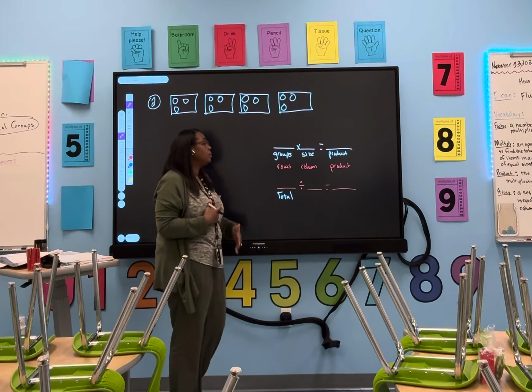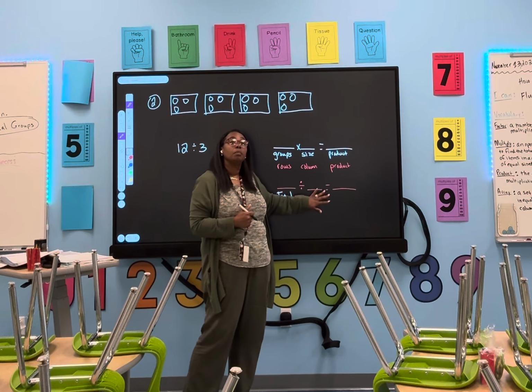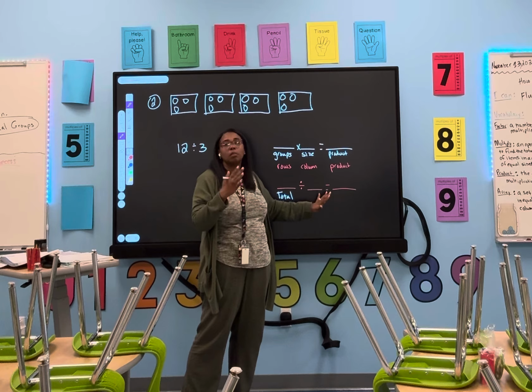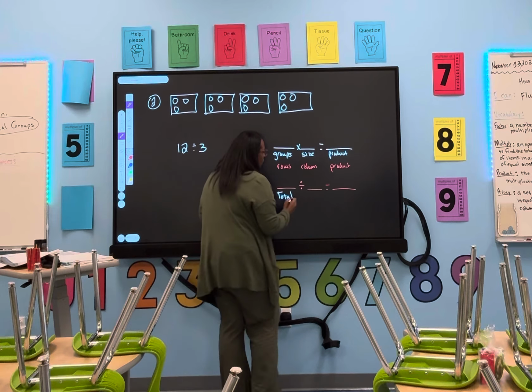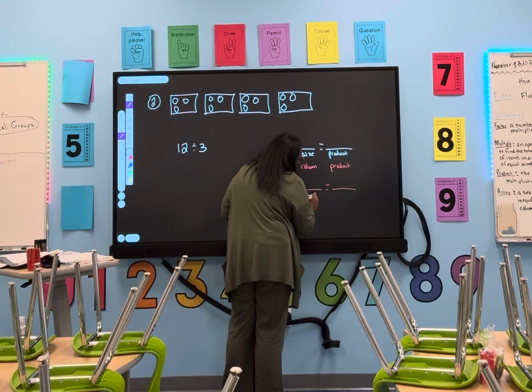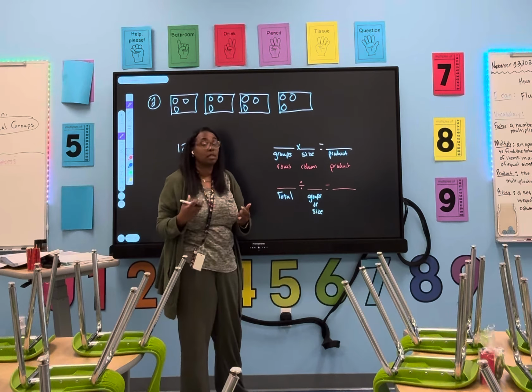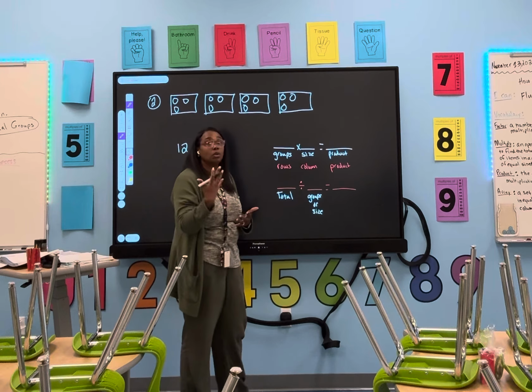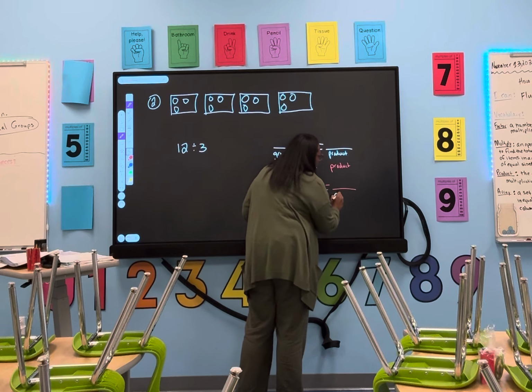Then I told them that the second line can either be the groups or the size. It depends on the problem. So this will be, I'm just going to put my groups, or it could be the size. It depends on the problem and what they're asking you. And then the last one is either going to be the same thing, the groups or the size. It depends on the problem.